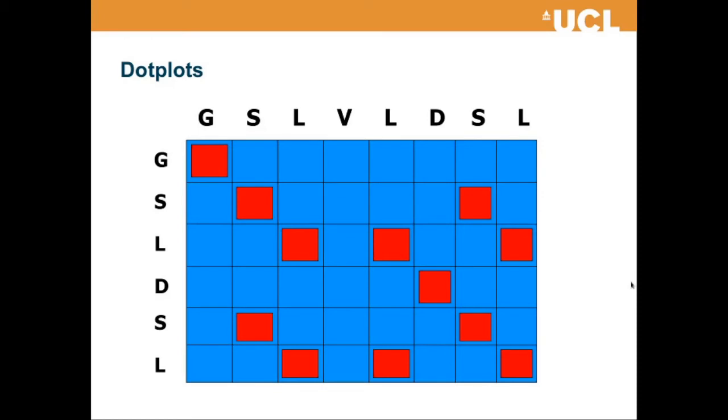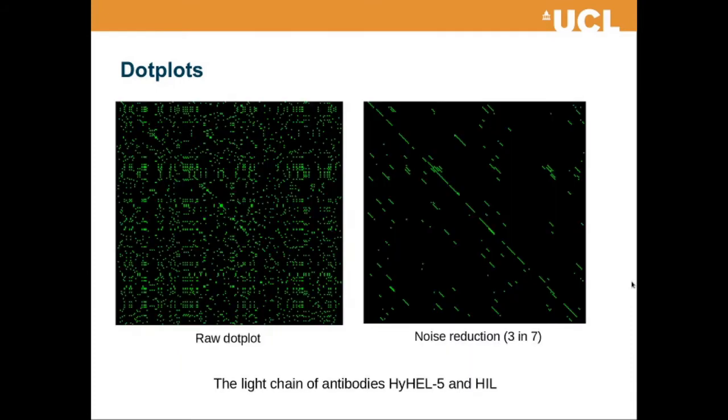Now, in practice, of course, these sorts of plots can become very noisy. So what I have here is the light chain of two different antibodies, and you can see on the left, again, you should be able to see that kind of faint diagonal here wherever there are matches, but we can do some noise reduction, which means in this case that we have only put a dot if 3 of the residues in a line of 7 match.